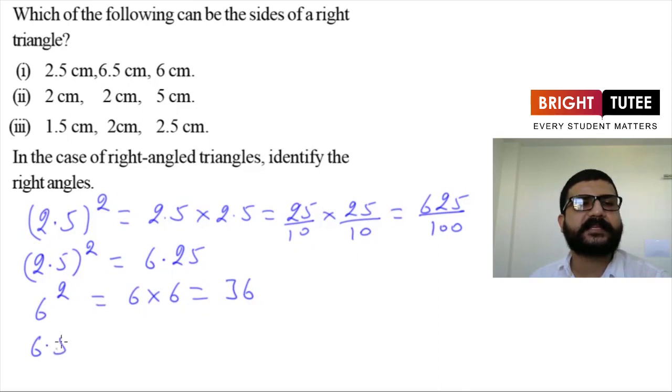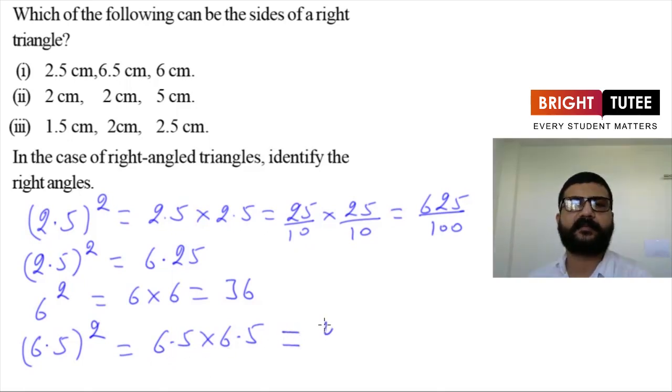So it will be 6.5 square because the third side is 6.5 centimeters. Now what is 6.5 square? It will be 6.5 into 6.5. Now you know how to multiply two decimals. Just multiply them. Now after multiplying them, you will get 42.25.